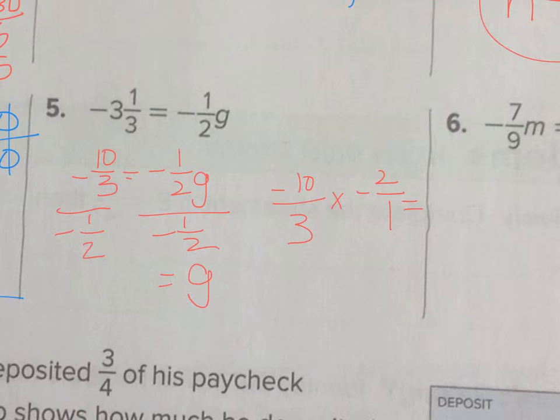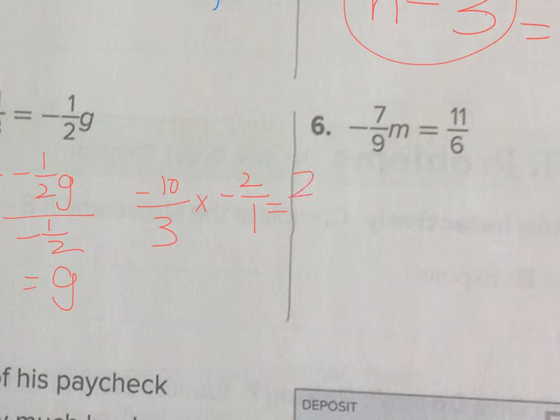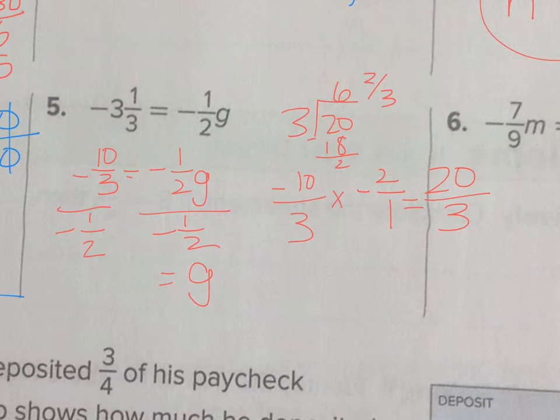And when we do that, we are left with 20 on top, because negative 10 times a negative 2 is a positive 20, so 20 over 3. And when we simplify this, we know that 3 can go into 20 6 times, with a remainder of 2, so we would have 6 2/3 as the answer to our variable.